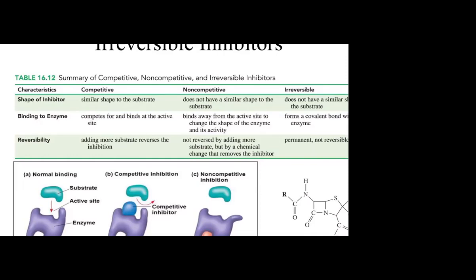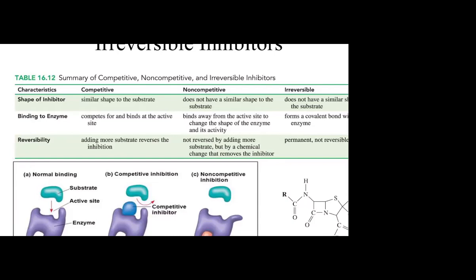Now that you know that the inhibitor has a similar shape to the substrate, how does it bind the enzyme in order to inhibit it? Inhibition basically means that it's going to affect the activity of the enzyme by not allowing it to be active or by reducing its activity. Well, in a competitive inhibitor system, that inhibitor is going to compete with the regular substrate to sit in that active site, okay?